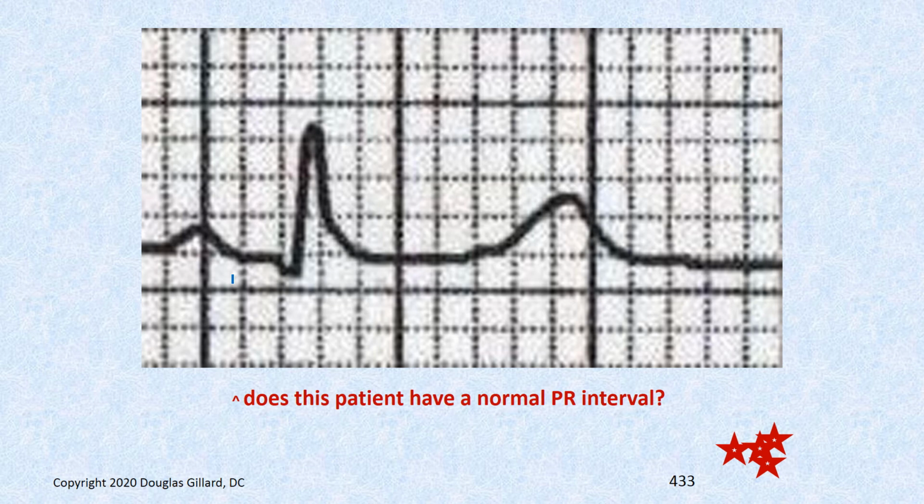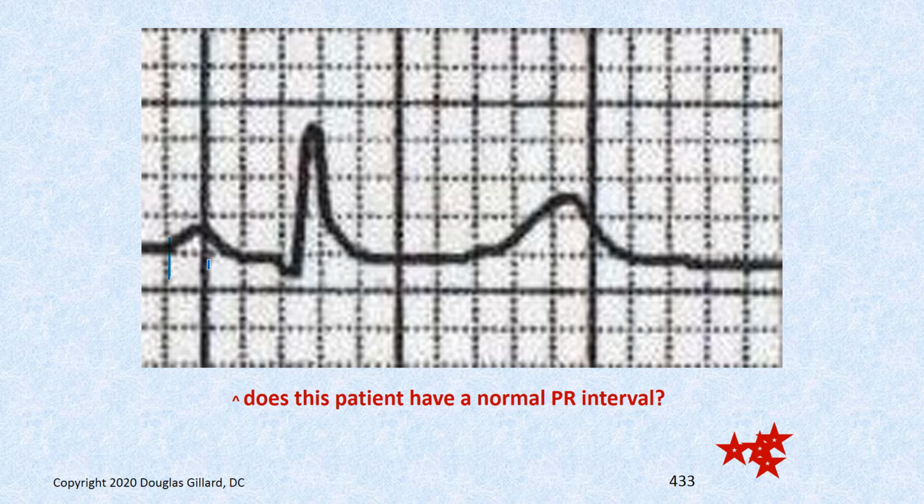Is it? Well, 3x5 rule. First of all, does he have a PR segment? Yeah, it's got a PR segment. It's about as long as the PR, the hump here. So that's cool. It looks like it starts right about here. And 3x5, it shouldn't be shorter than 3 little boxes, or 0.12 seconds.